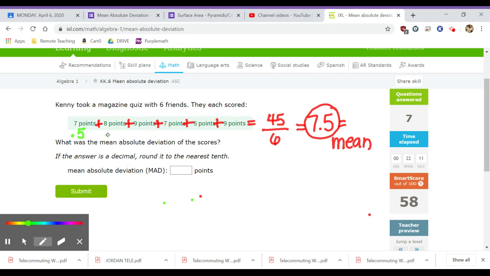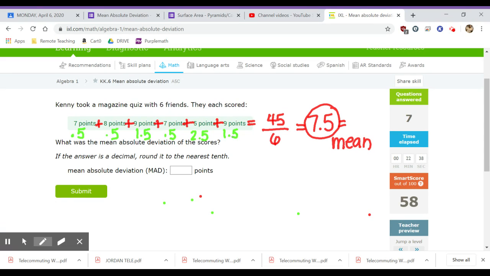It's only going to be 0.5 away from 8. 0.5 from 7.5. It's going to be 1.5 from 9. 0.5 from 7. It's going to be 2.5 from 5. And 1.5 from 9. Okay?